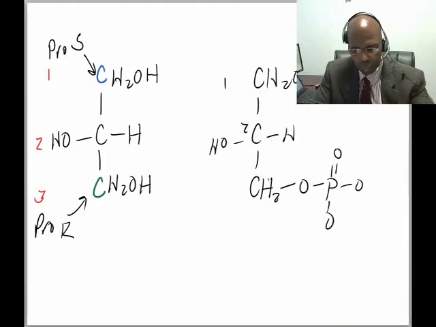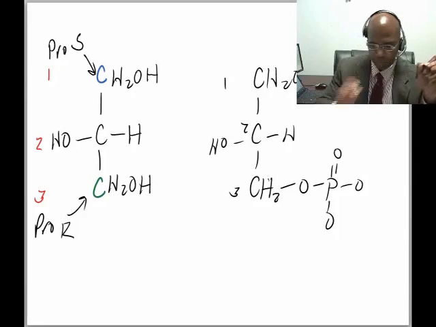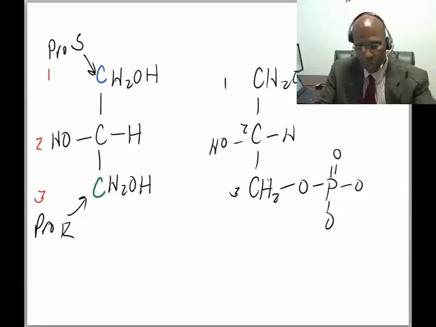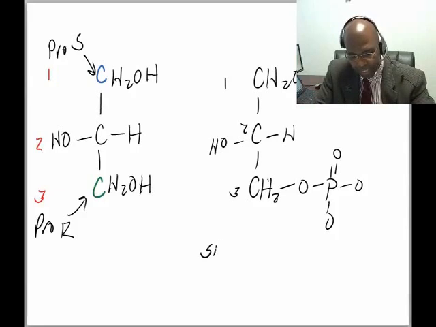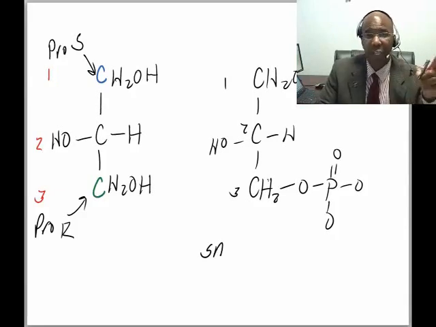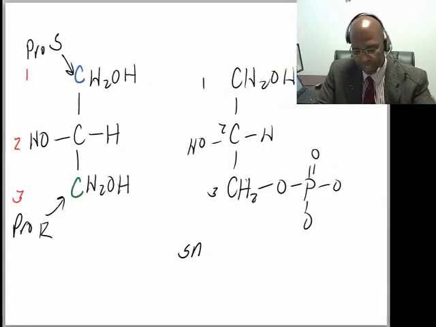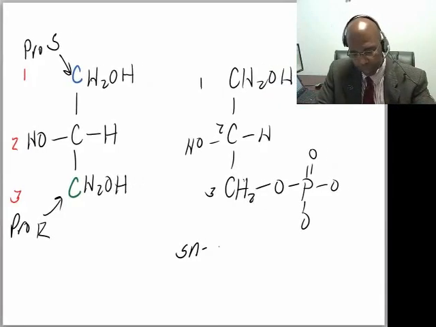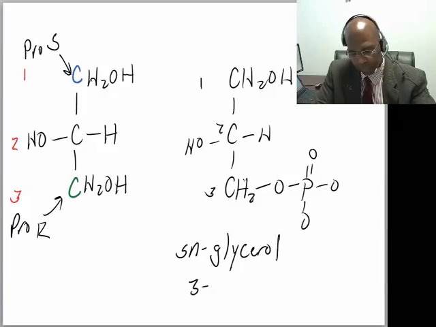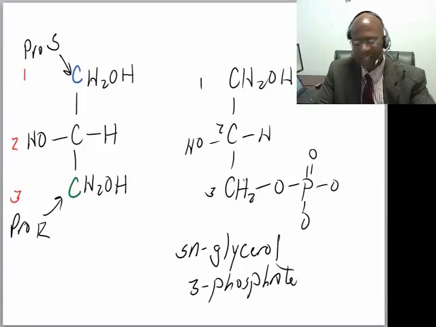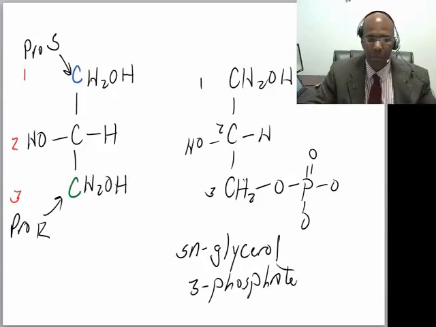So 1, 2, 3. And we don't call this R-glycerol. We call it SN, stereospecific numbering, or stereospecifically numbered glycerol 3-phosphate. And that's how we get around the whole problem of numbering for glycerol.